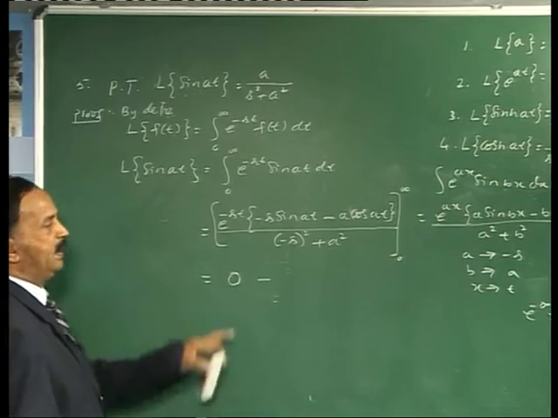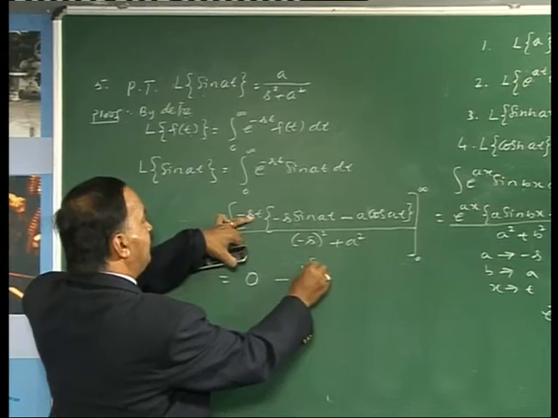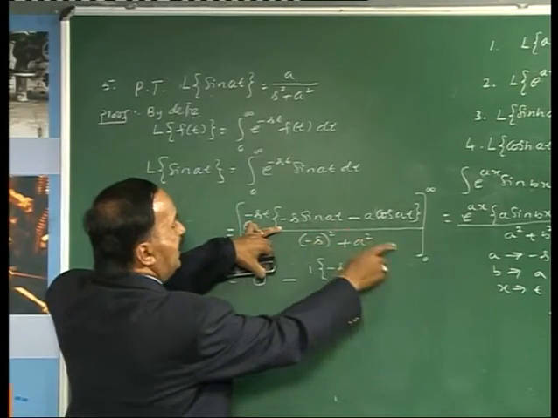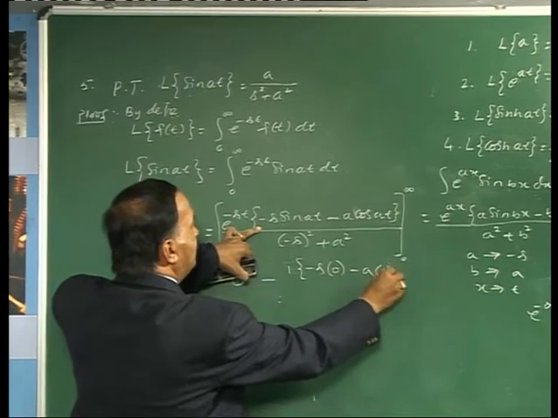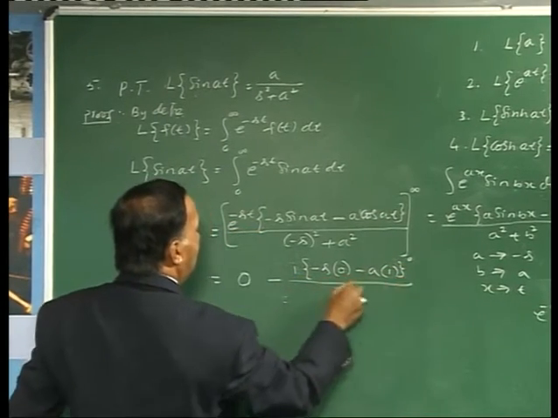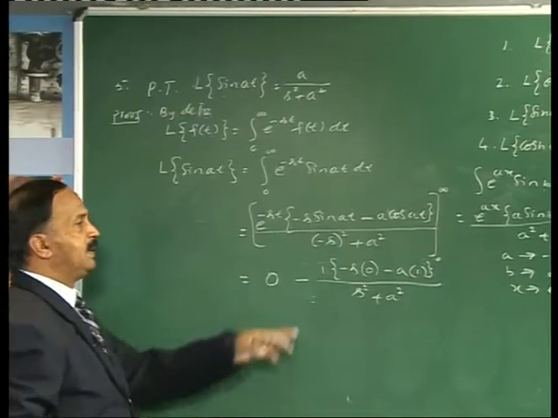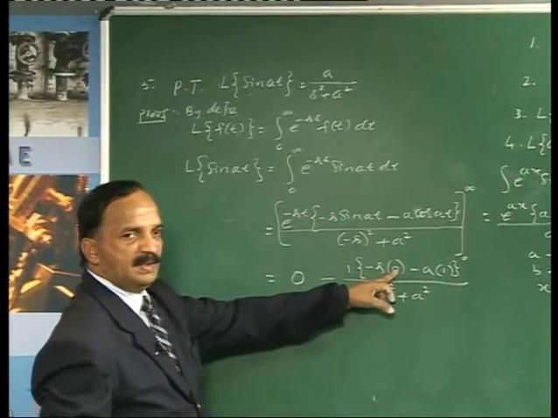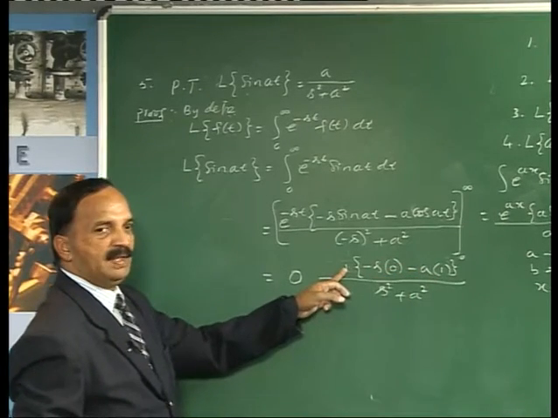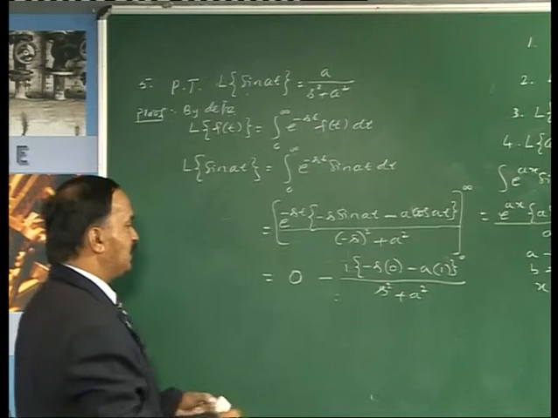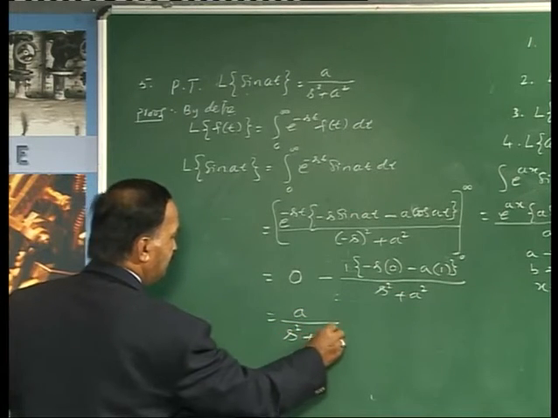Minus, if you put t equal to lower limit 0, e to the power of 0 is 1 into minus s into sin 0 is 0 minus a into cos 0 is 1, divided by s square plus a square. So minus s into 0 is 0, minus into minus is plus, a into 1, that is a by s square plus a square.